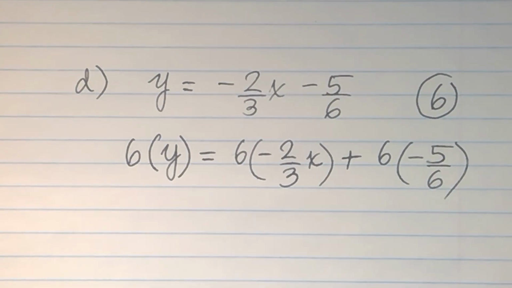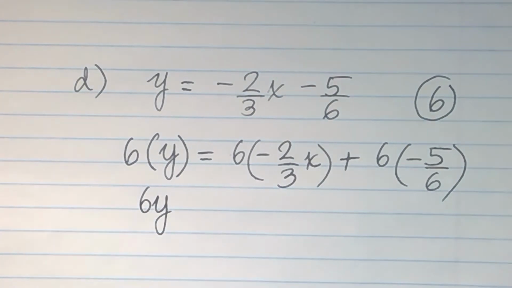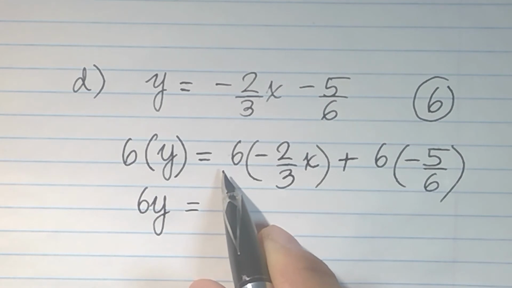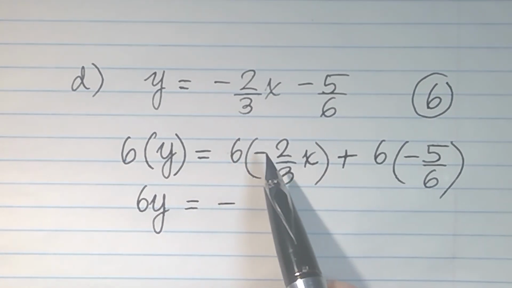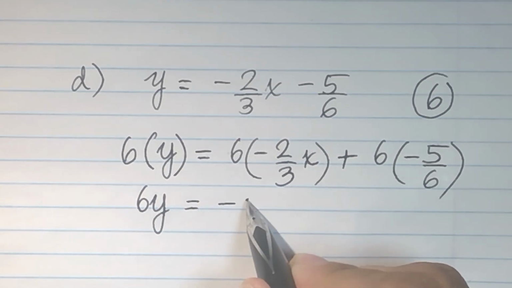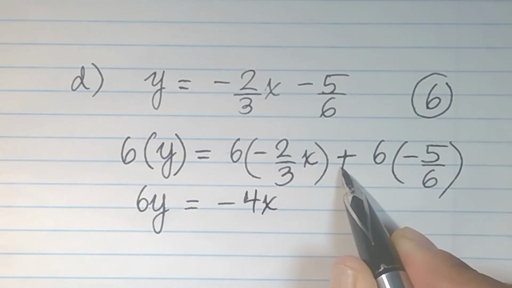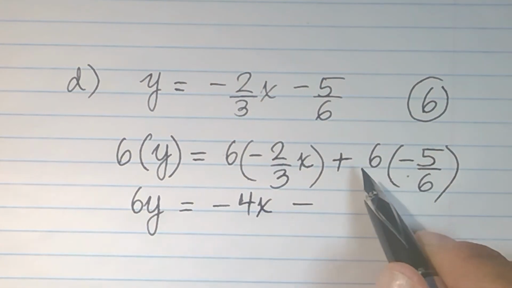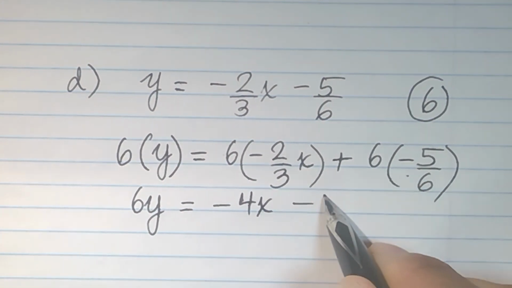So what happens? 6 times y is 6y equals positive number times negative is going to give us a negative. 6 times 2 is 12. 12 divided by 3 is 4. Positive times negative is going to give me a negative. 6 times 5 is 30. 30 divided by 6 is 5.